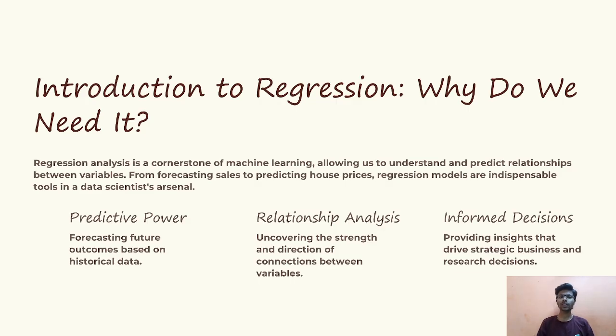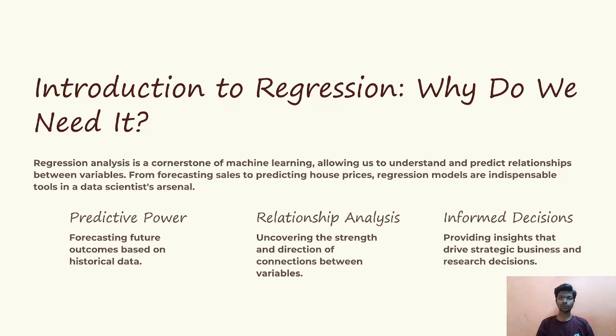Regression analysis is a cornerstone of machine learning, allowing us to understand and predict relationships between variables, from forecasting sales to predicting house prices. Regression models are indispensable tools in a data scientist's arsenal.